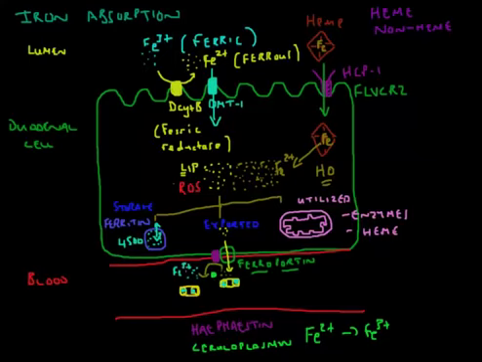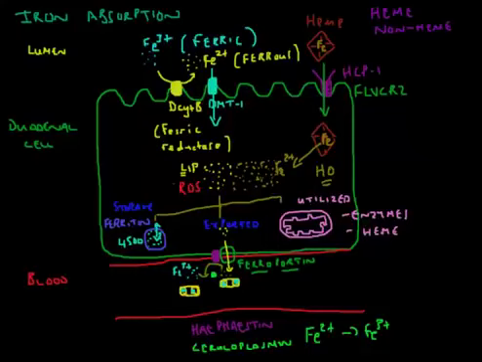This way, the Fe3+ can bind to the transferrin, and the transferrin can take the iron to red blood cell precursors and other cells where it can be incorporated into the production of red blood cells, for example. And now we get to the very last component, but probably the most important component of iron absorption.